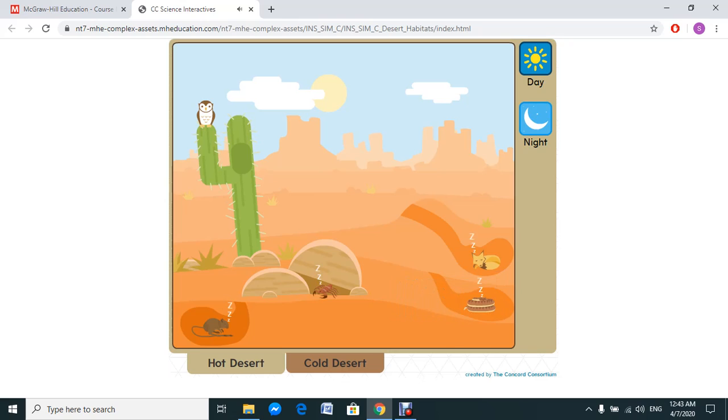So, what can we learn from what we saw until now? We can learn that some kinds of birds live inside plants, like holes in cacti, so they can protect themselves from sunlight. Other animals are sleeping during the day in holes under the ground or between rocks.